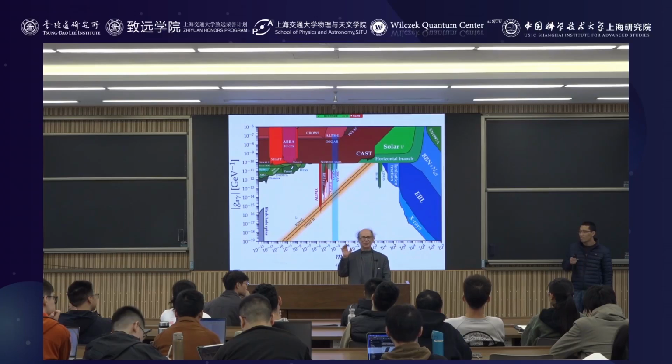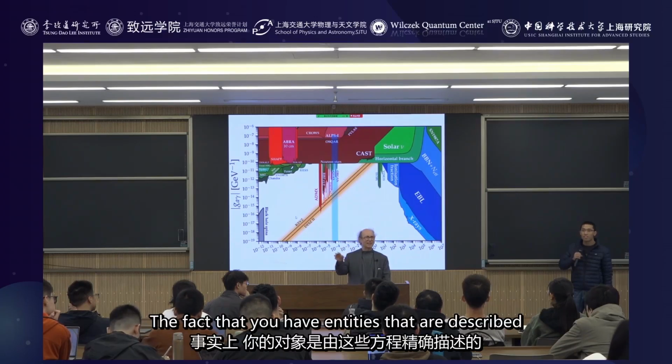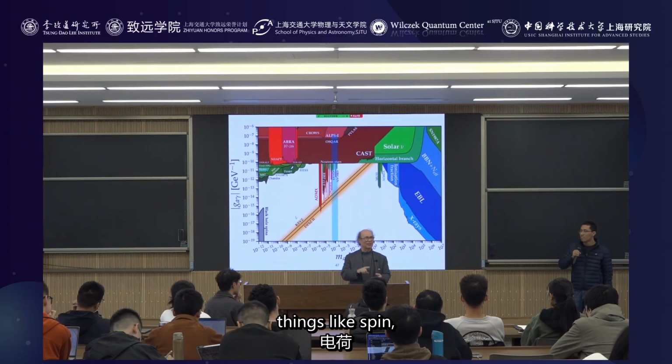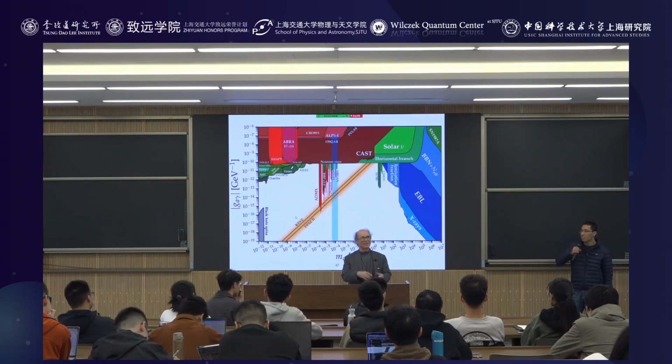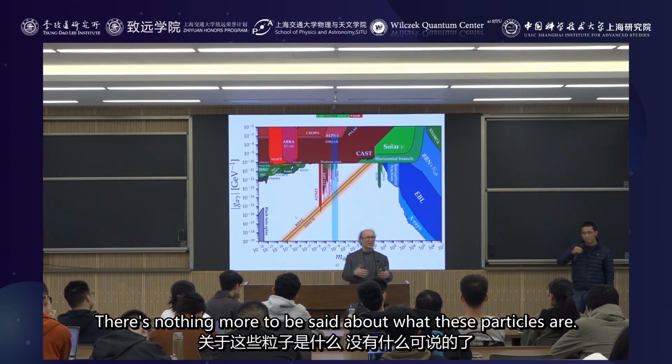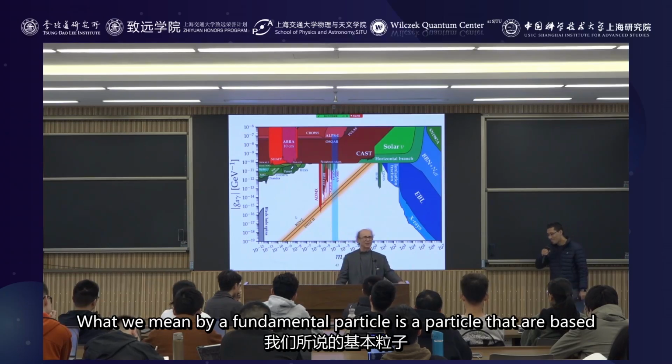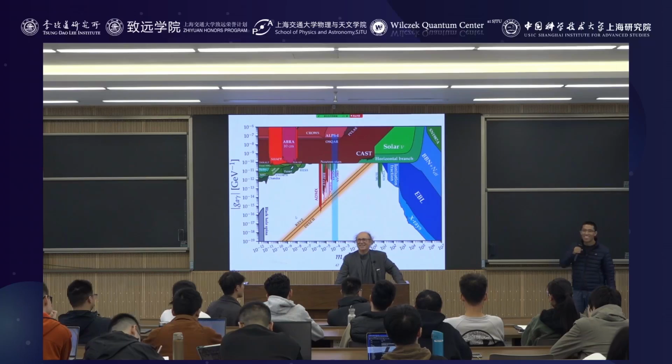And so the fact that you have entities that are described by exactly those equations means their only fundamental properties are things like spin, charge, color. That's all you need to know. There's nothing more to be said about what these particles are. So what we mean by a fundamental particle is a particle that obeys these fundamental equations. Okay. All right.